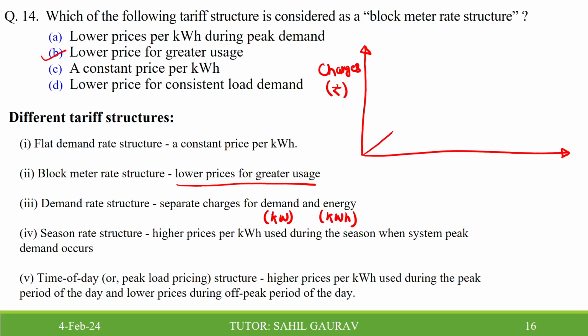For the first 50 units, the charge is, let us assume, 5 rupees per unit, and then its slope reduces. It reduces for another 40 units or 30 units, you can say. And this is for the third block.